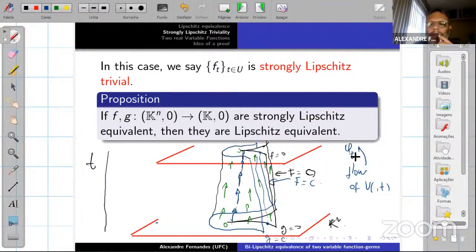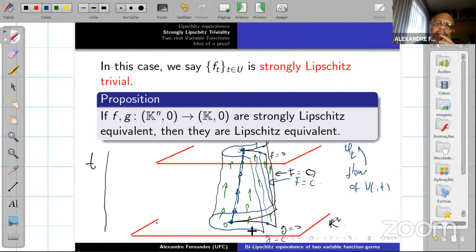This flow is Lipschitz because the vector field is Lipschitz, and this homeomorphism given by the flow sends the origin to the origin, because our vector field is the vertical one along this axis. And our flow goes in this way.